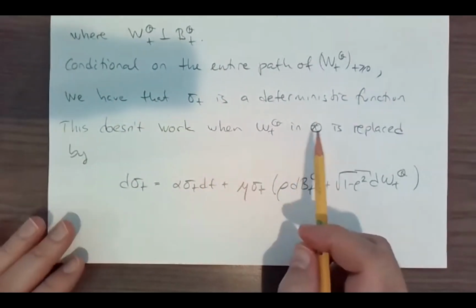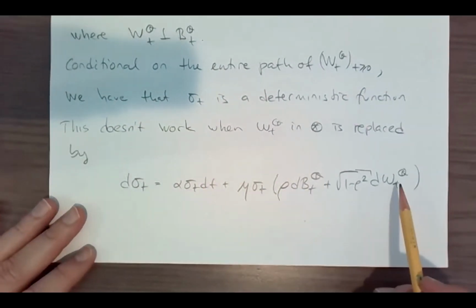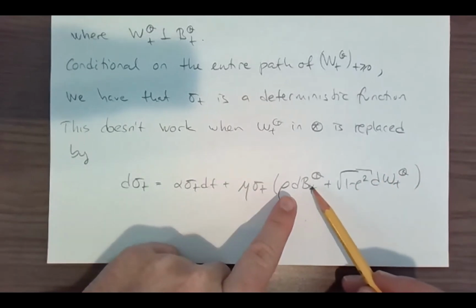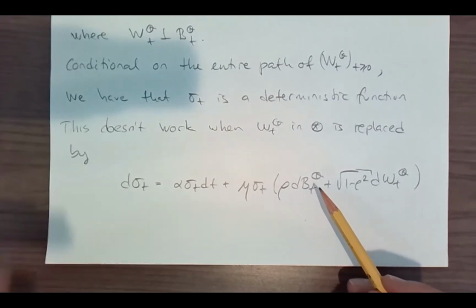Here, if you condition on the entire path of W, this part is fixed, but there's still the Brownian motion B in there. So sigma is going to be stochastic.